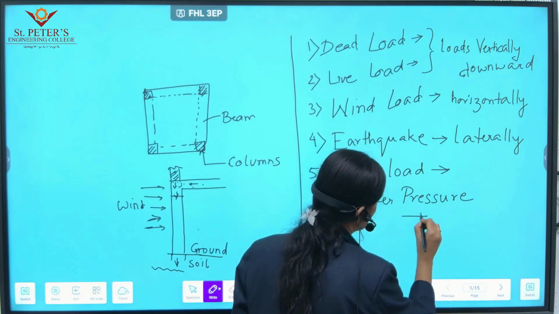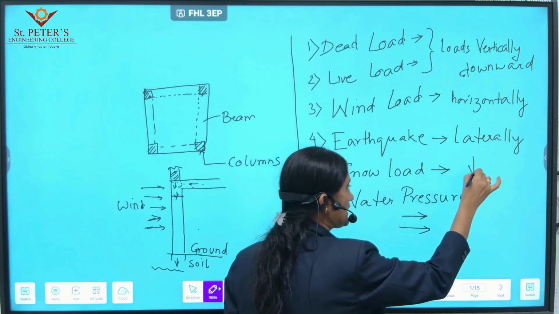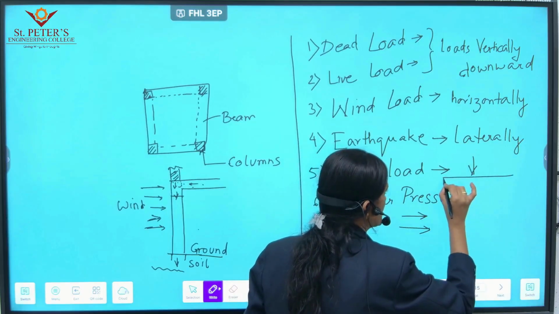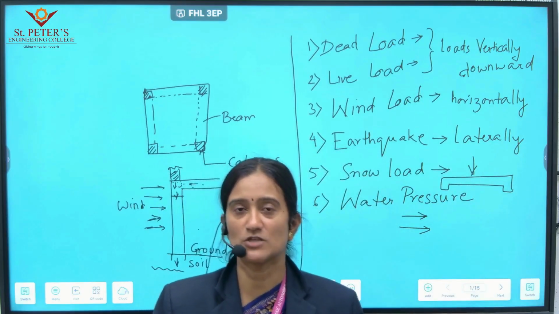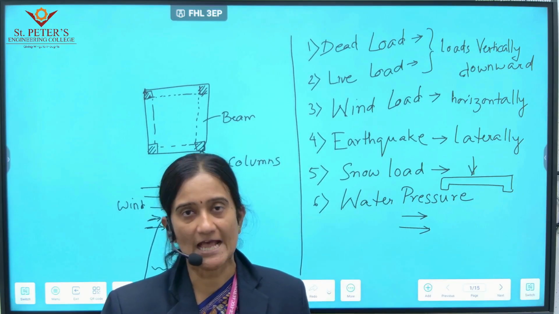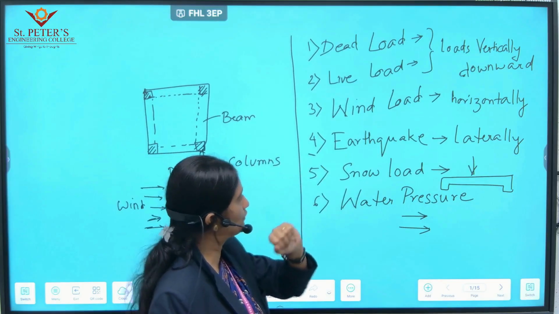This also acts horizontally like this. Snow load acts vertically on the surface. So these are the different types of load. Mostly when we are designing or analyzing, we will take all the loads up to earthquake.